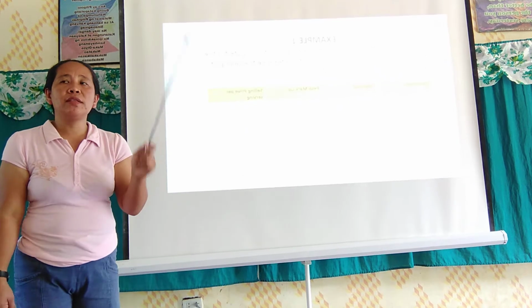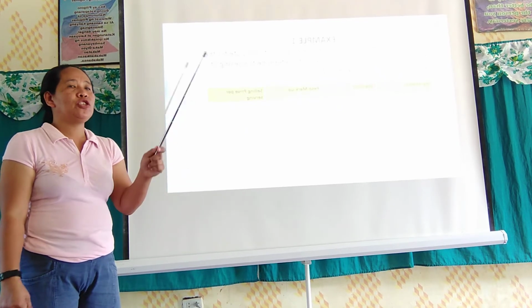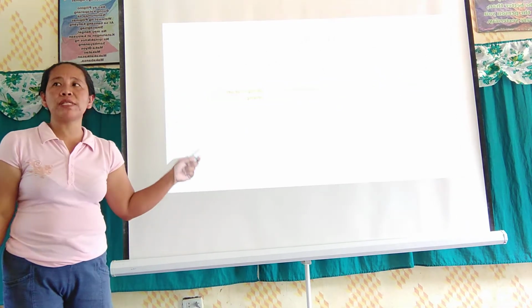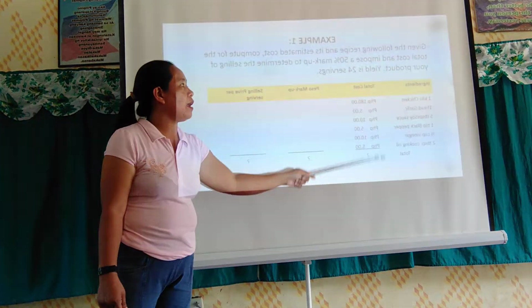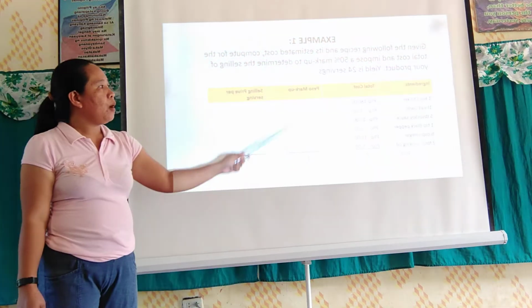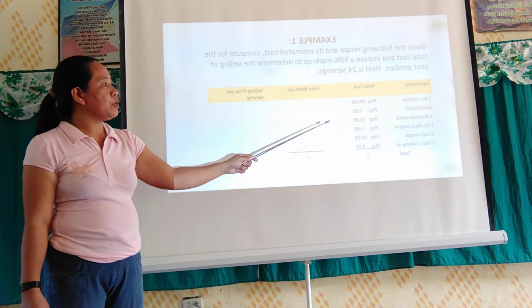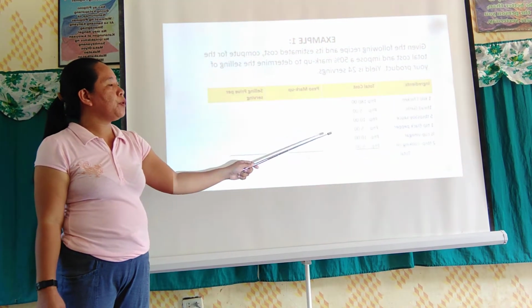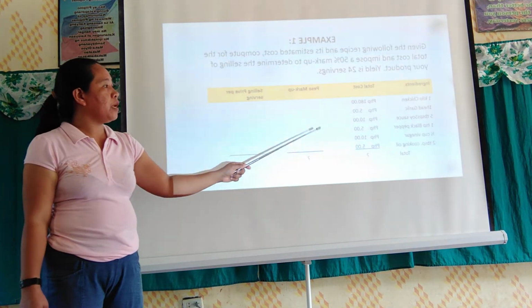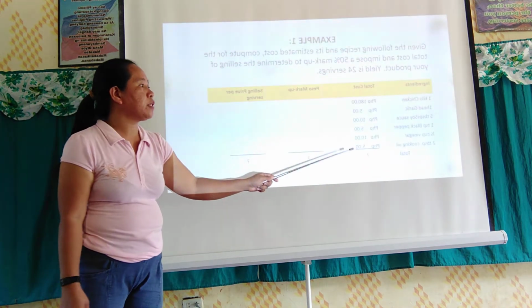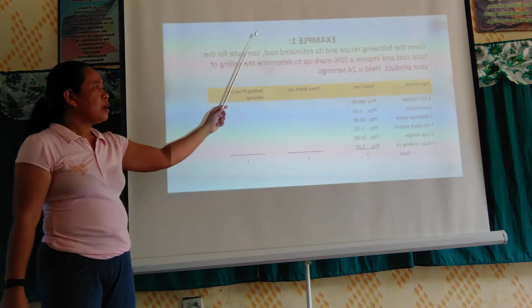Very good. The recipe is chicken adobo. Out of that recipe, you have these ingredients: 1 kilo chicken, 1 head garlic, 5 tablespoons soy sauce, 1 teaspoon black pepper, 1 cup vinegar, and 1 or 2 tablespoons cooking oil.